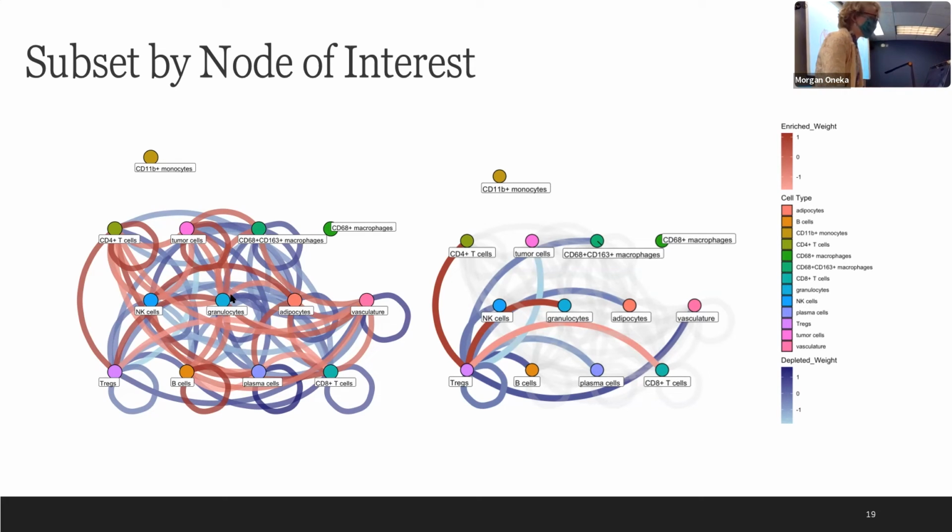Essentially, the plotting function cycles through all of the different classes that it sees for edge types, and it goes to whichever one it sees first and then plots that. I might be alphabetized, if I remember correctly, but essentially it plotted the depleted edges first. It plotted all the blue edges, and then it plotted all the red on top.